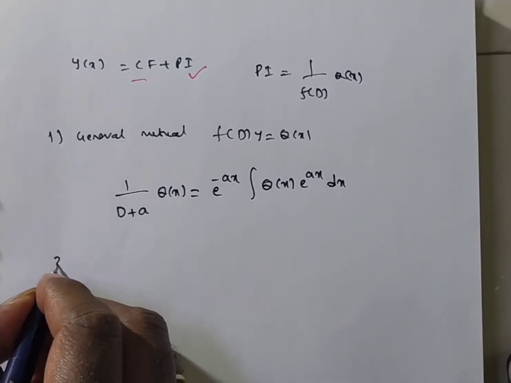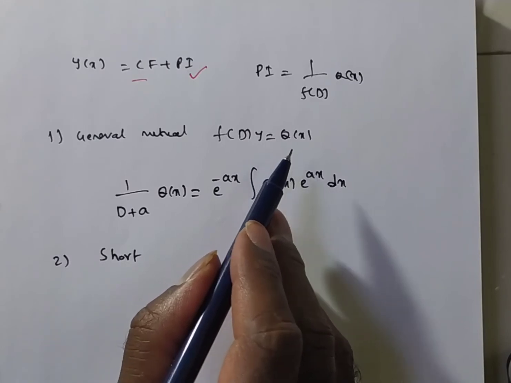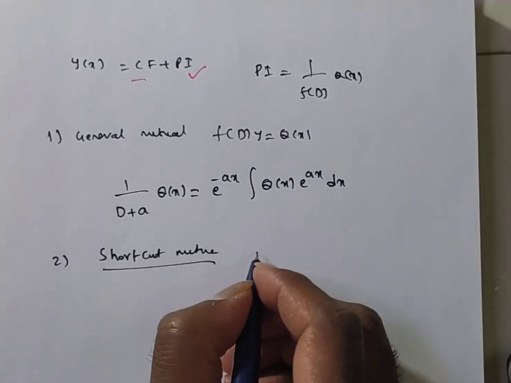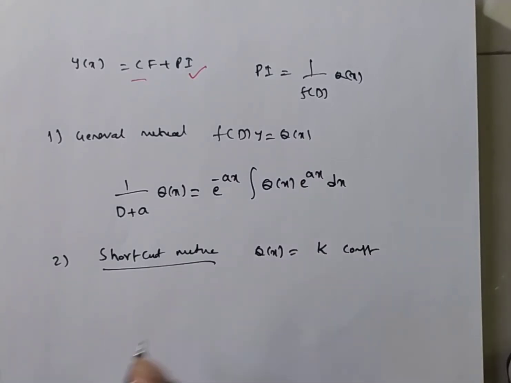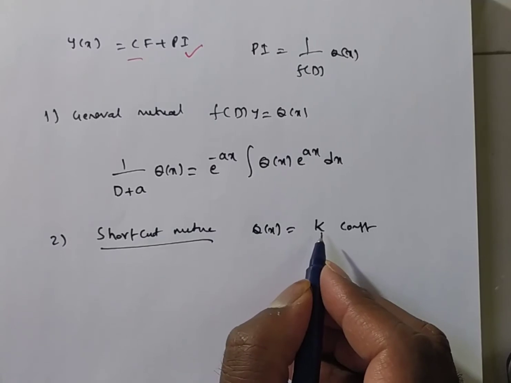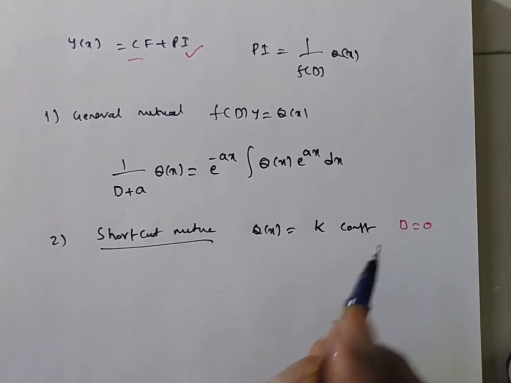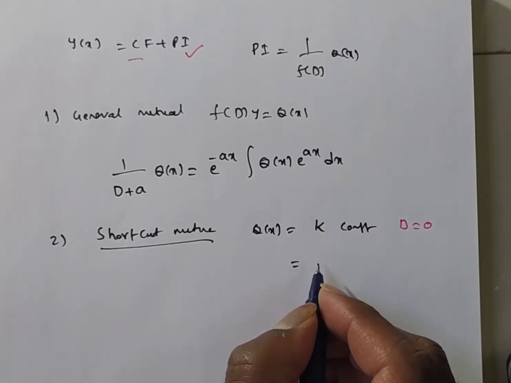Now the second method, the shortcut method. Friends, based on q of x, we have a shortcut method. We can apply the shortcut method if q of x is first a constant k. Whenever a constant is there, we replace d with 0.